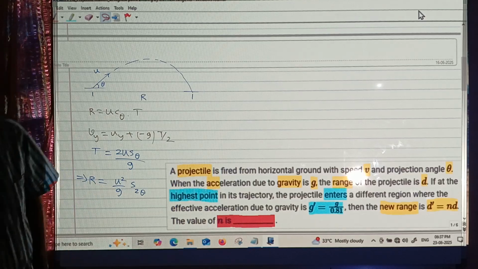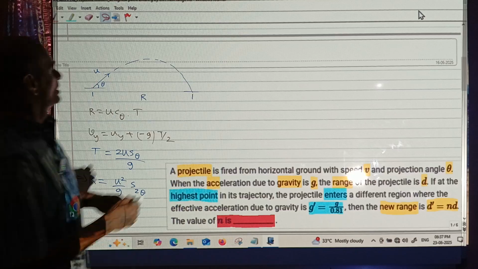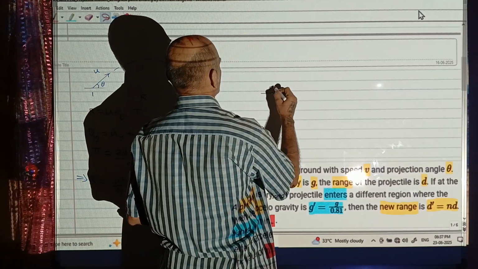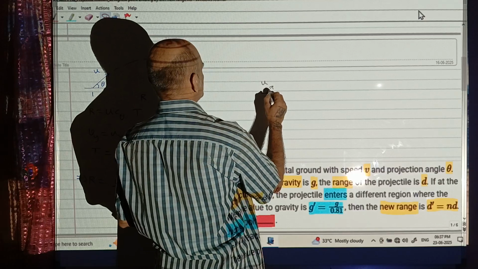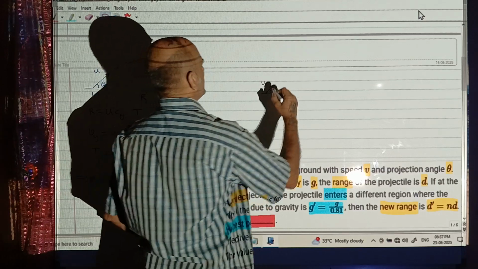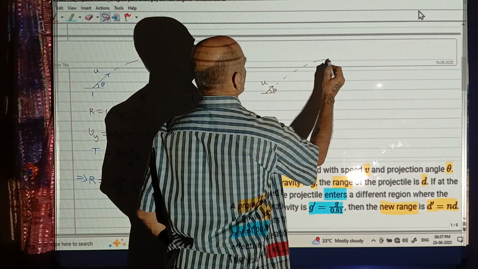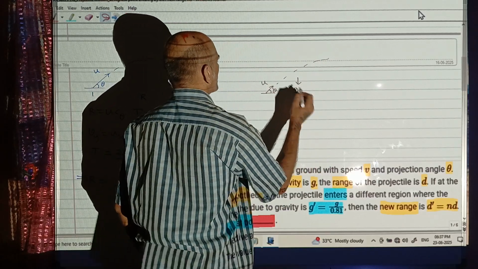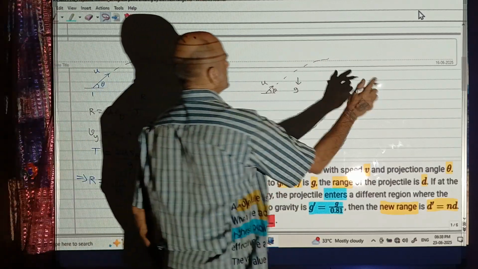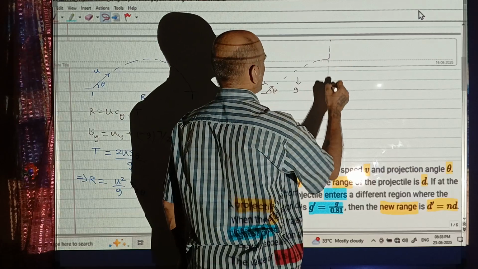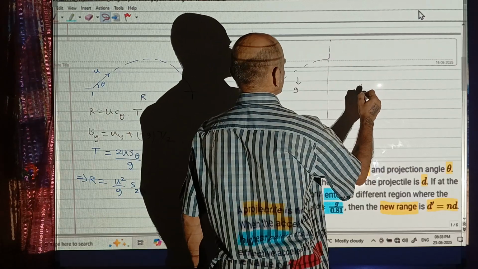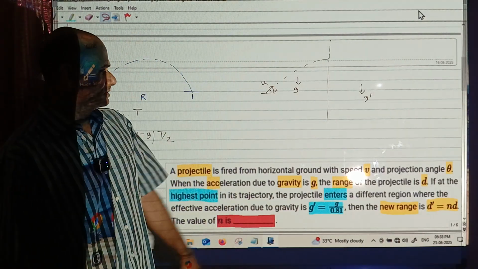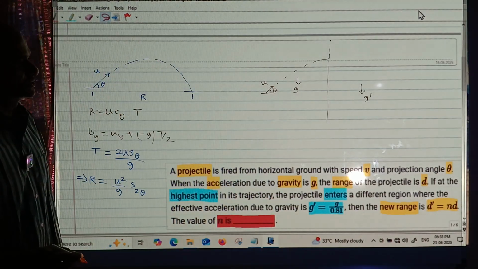In the second case, the projectile is thrown from the ground with velocity v and angle theta. So until it reaches the maximum height point, the gravity is g. At the maximum height point, it enters a different region where the gravity has changed to g prime, and g prime is actually more than g because g is divided by a fraction, which makes it more than g.